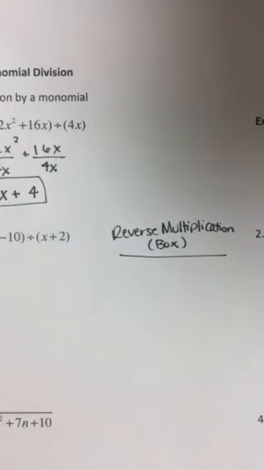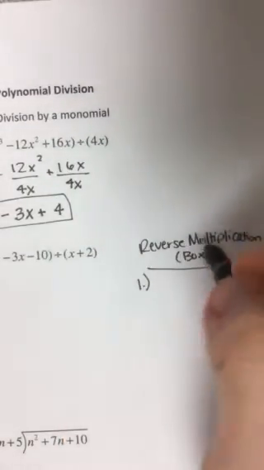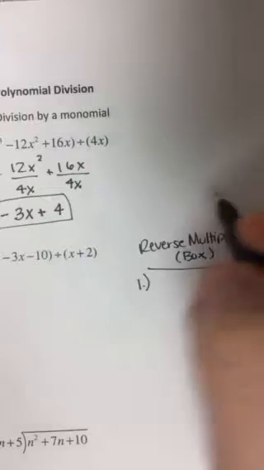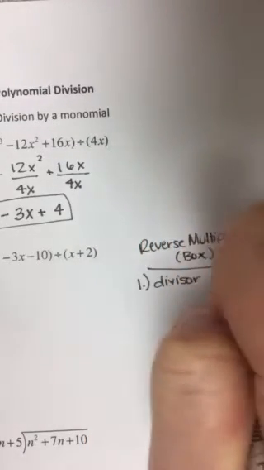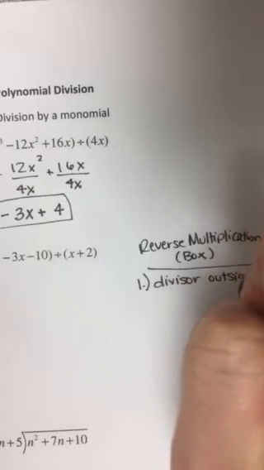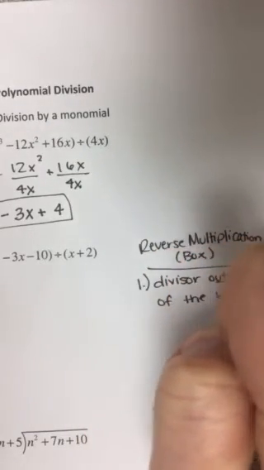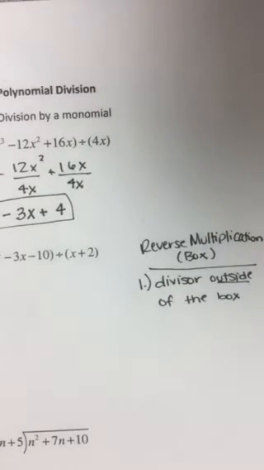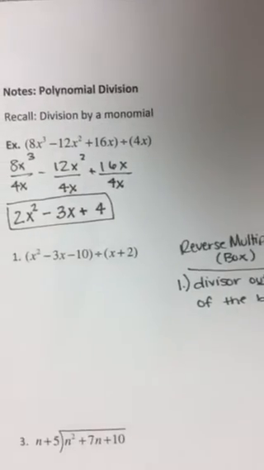All right, and when we do the reverse box method, we focus on a couple of things. The first thing that we look at is we are going to put our divisor outside of the box, okay? So our divisor, remember, is what's at the door of the house, essentially, when you're thinking about a division problem.